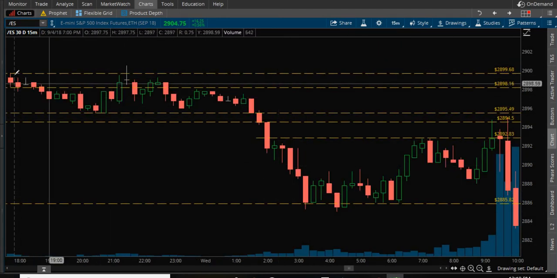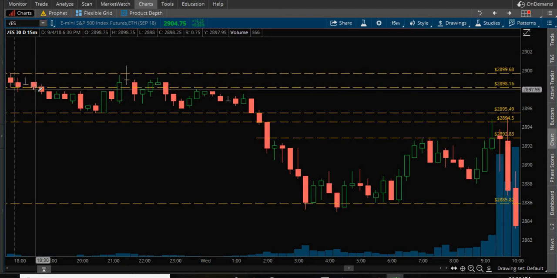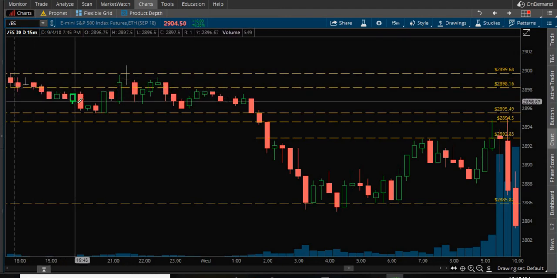Okay, so overnight we came down, broke this support area, right?